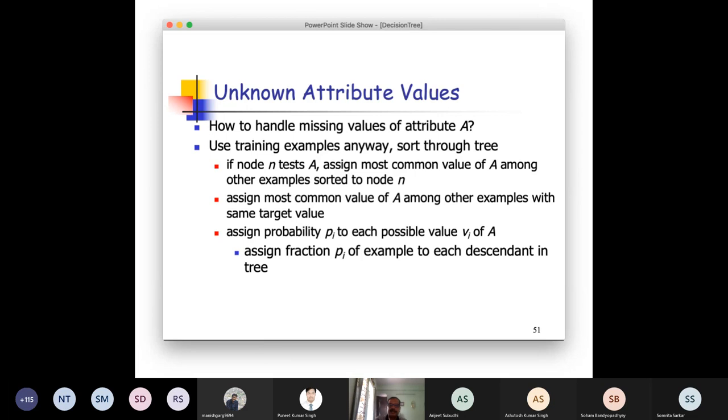So assign a fraction pi of examples to each descendant in the tree. You are choosing that assignment with probability pi, and you classify test instances with missing values in the same fashion.